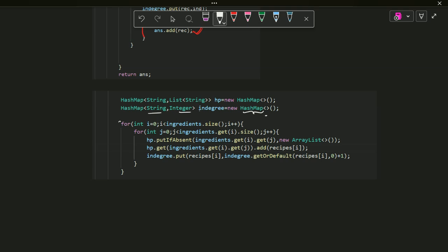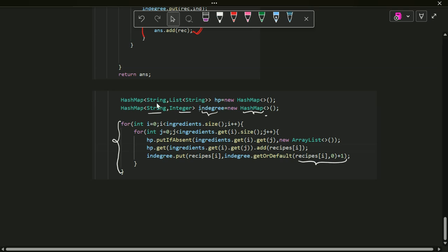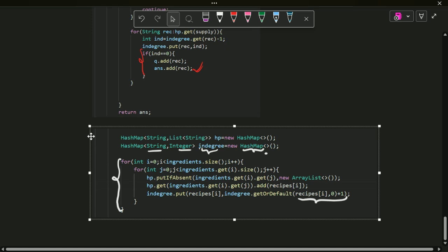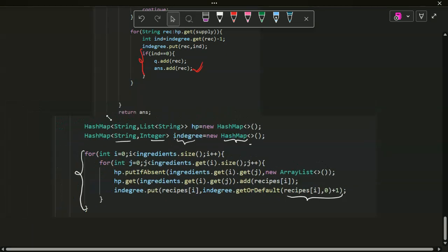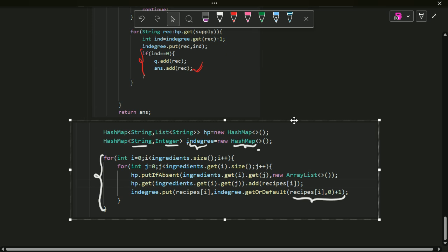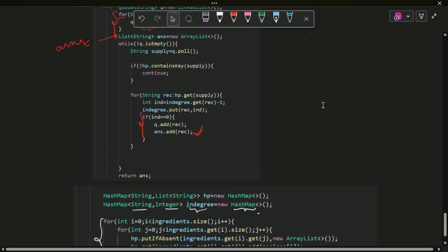We keep track of every element that should be inserted into the hash map. If that element is already present, we increment the recipe value by 1. This is the initialization step, that means initializing the in degree array.